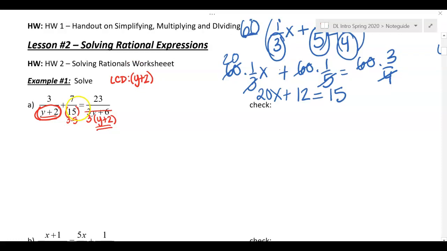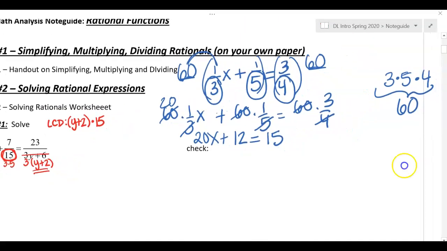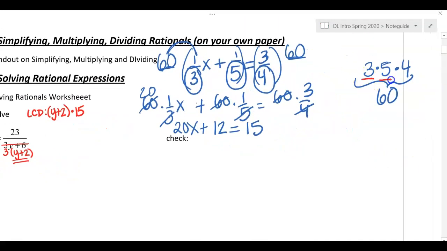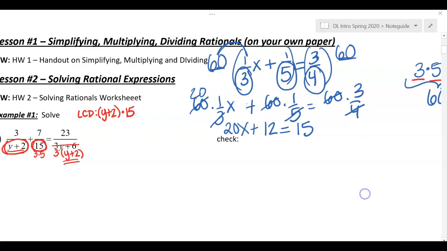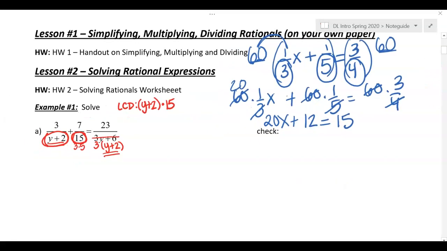When I look at the next denominator, it has 15. 15's not going to cancel out with y plus 2, so I'm also going to need a 15. Just like over here, since 3 and 5 and 4 had nothing in common, I had to use each of them in my LCD. I'm using the same thing here. When I look at the third denominator, it has two different things, a factor of 3.